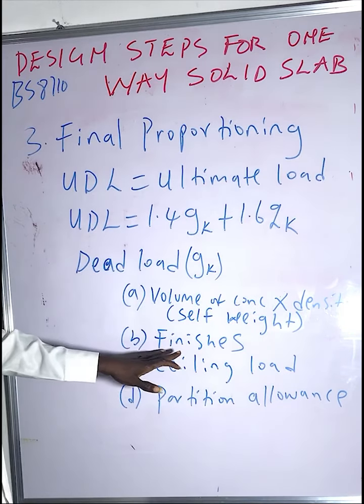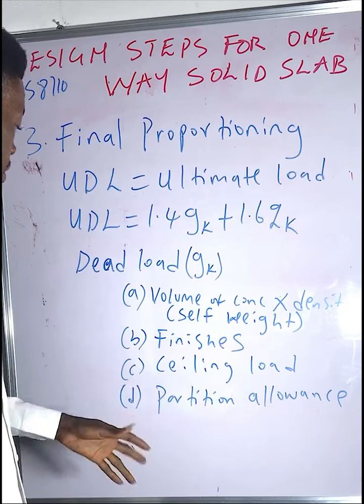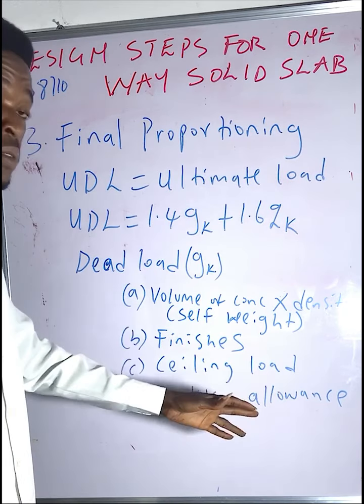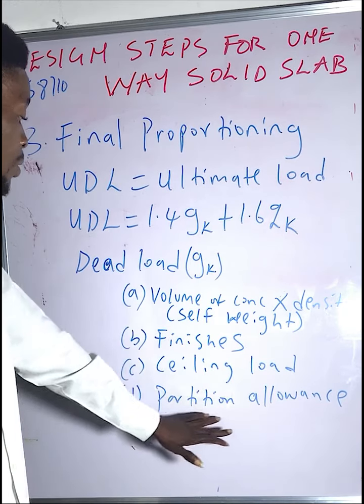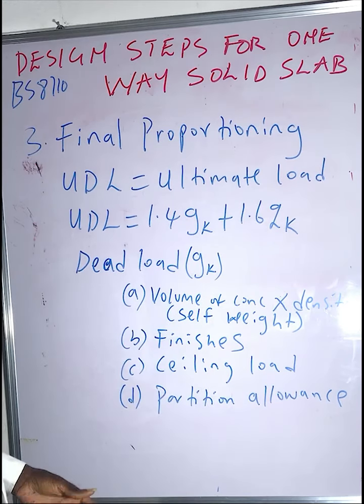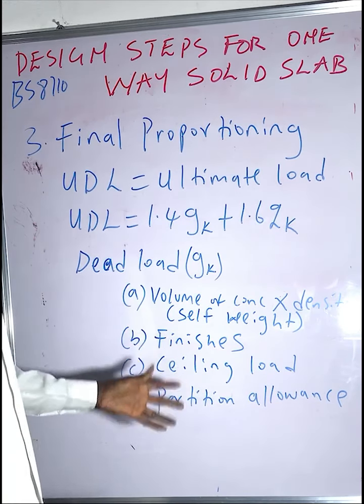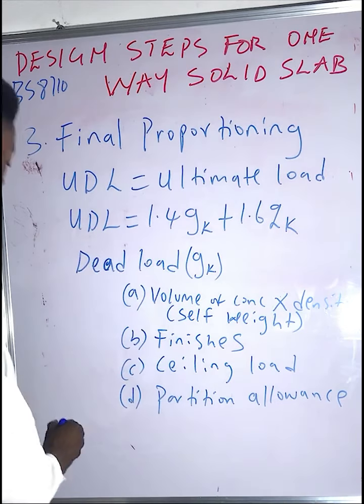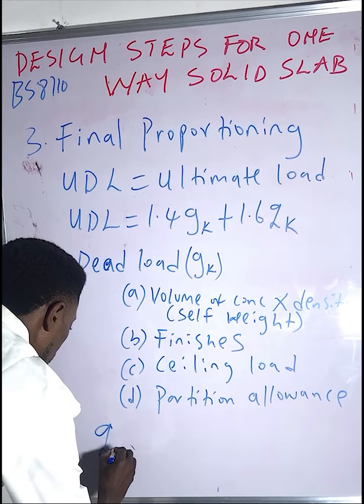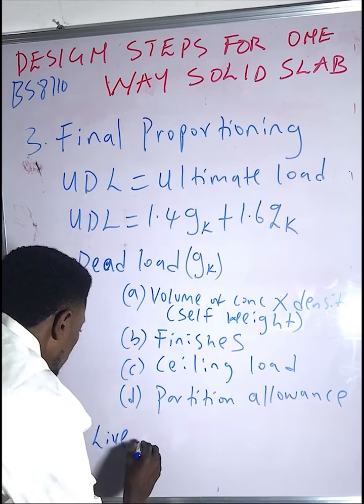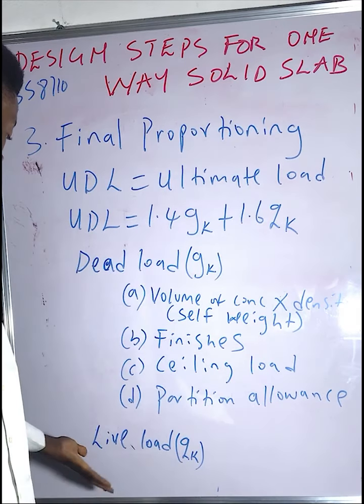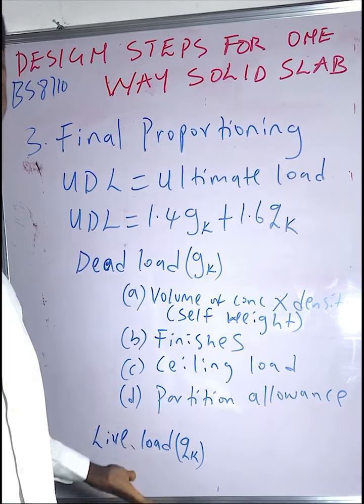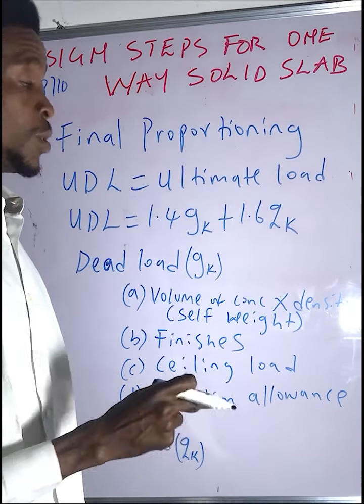Then you add finishes, ceiling load if there is ceiling, partition allowance. So all permanent loads are dead load. Then Qk, which is your live load. Like I said, this live load depends on the function of the building.